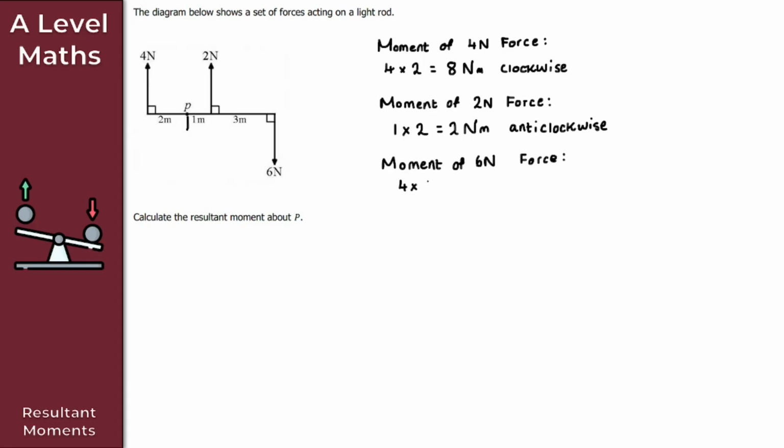So 4 times 6 gives us 24 Newton meters. In terms of direction, if I'm holding the rod at P and I push downwards, this is going to go clockwise. So it's 24 Newton meters clockwise.